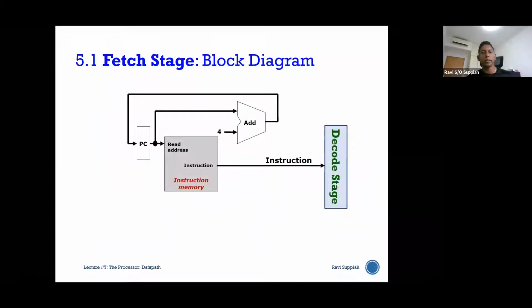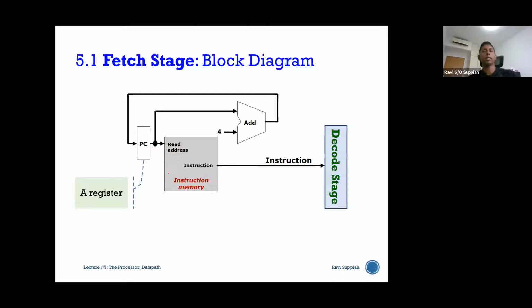So let's look at the fetch, the way the block diagram is designed. This is the instruction memory. Instruction memory is the place where instructions are stored. The program counter, you can think of it as just another register, just like how we use the S0, S1, A0, A1 registers to hold data for us.